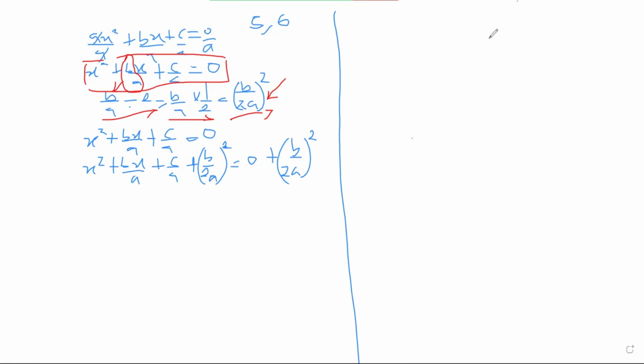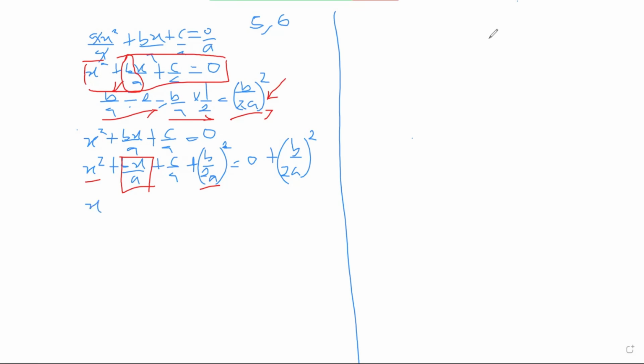Now, moving on from here, we don't need this any longer. So let us pick this and this, having the square, and bring them together so it can look like this.